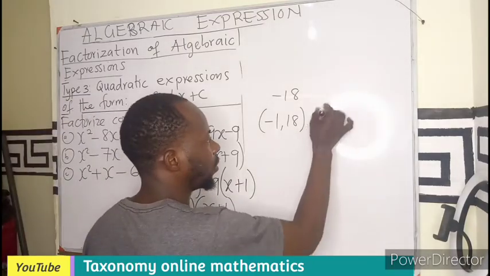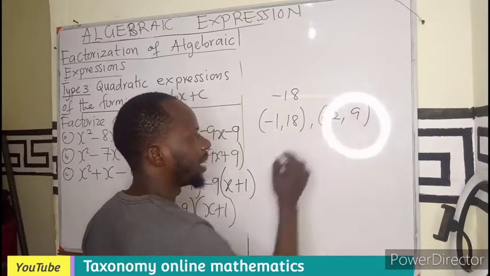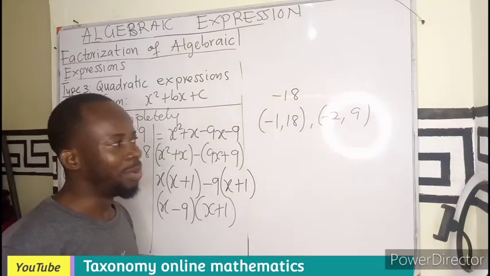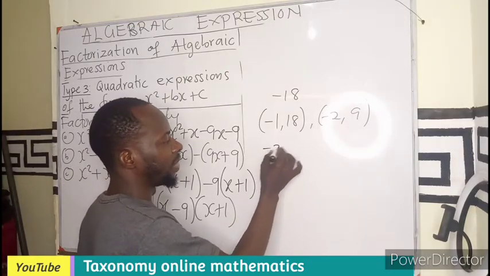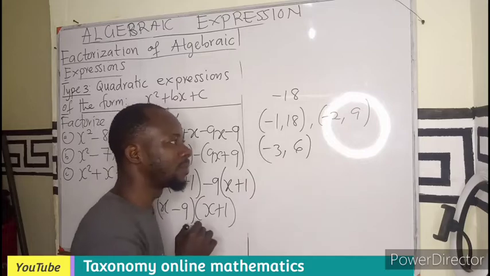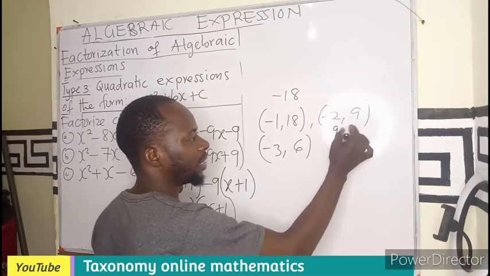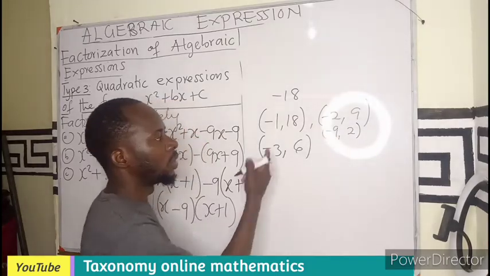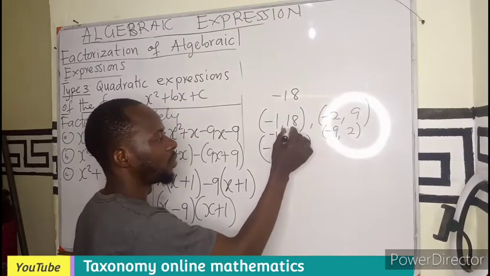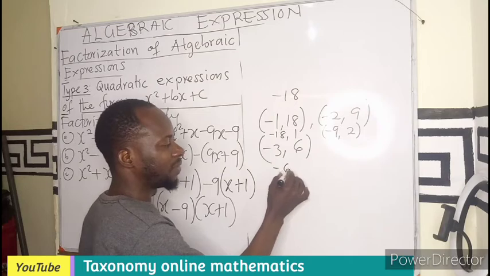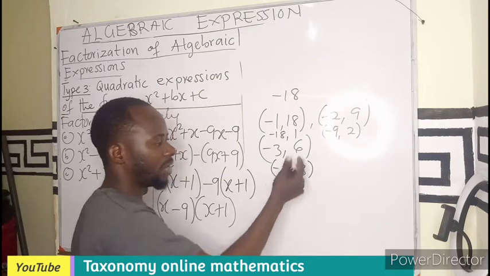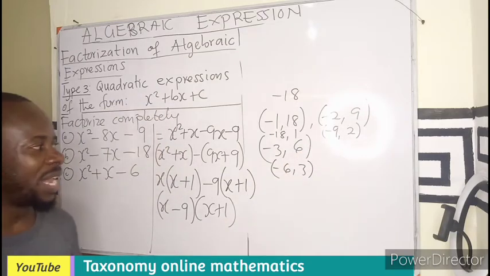So I also need negative 2 and 9. Then negative 3 and 6. Don't forget the counterpart will be negative 9, 2. This will also be negative 18, 1. Negative 6, 3. So these are the factors we can get.